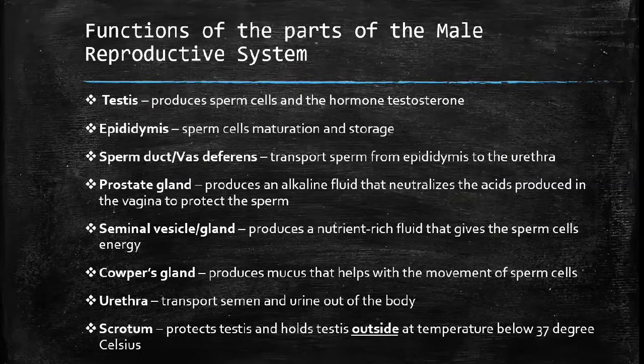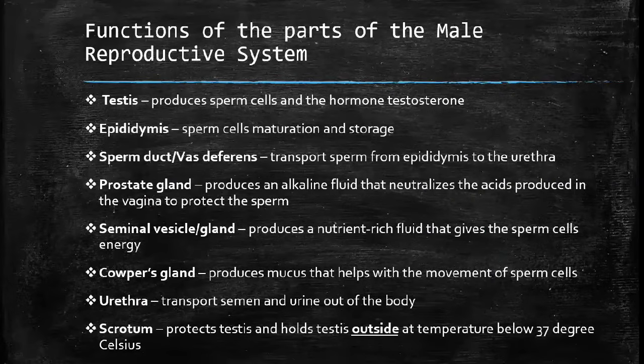It's supposed to be 35 degrees Celsius. So the scrotum helps to keep your testicles outside your body, since your body has a temperature of 37 degrees Celsius. So it's supposed to go out because your sperm production requires a temperature of 35 degrees Celsius.